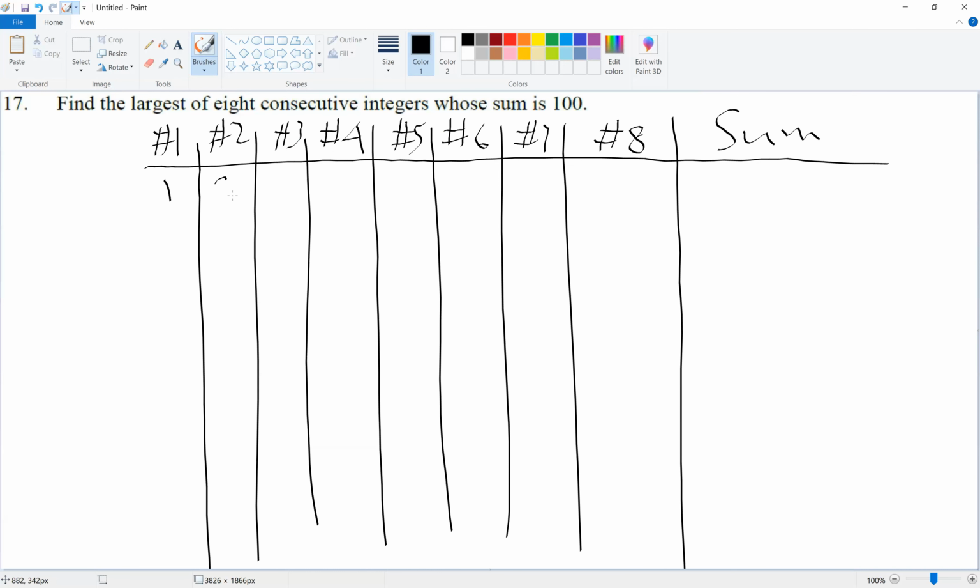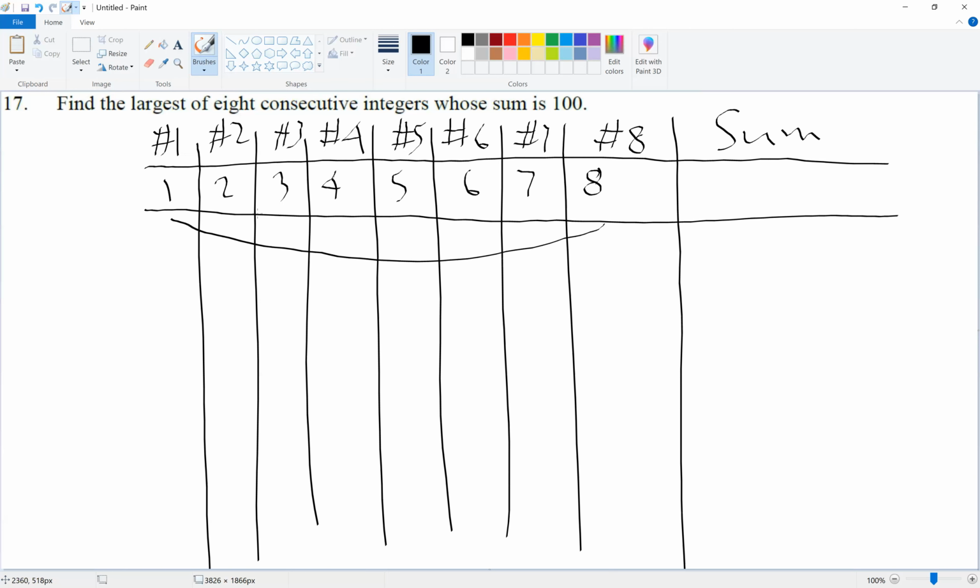Let's say the numbers are this. What is the sum from 1 through 8? 36.